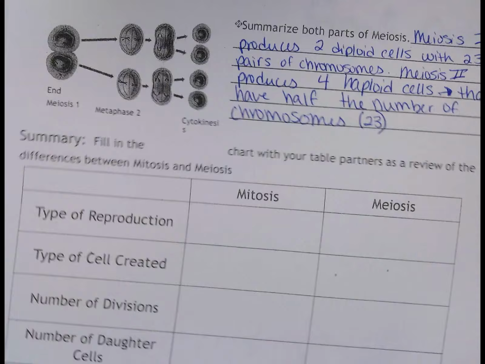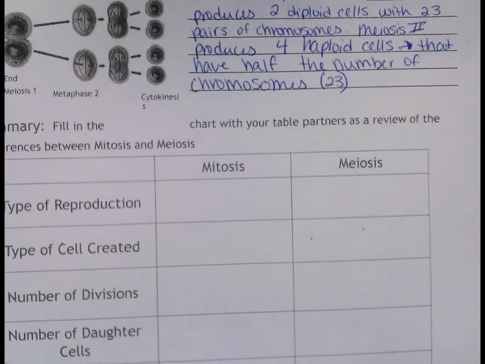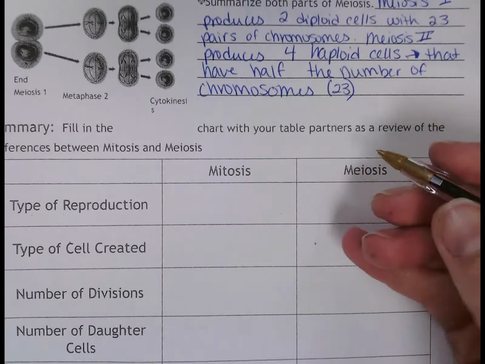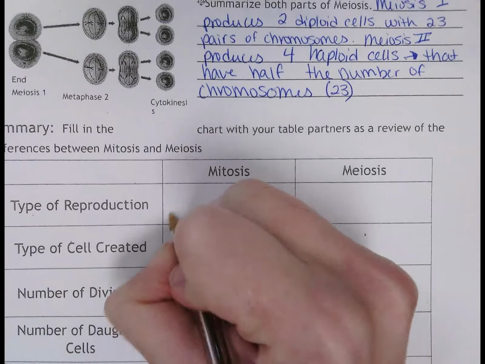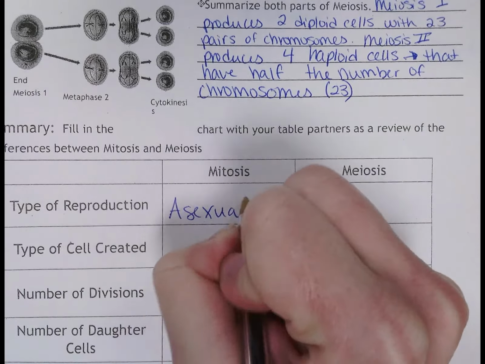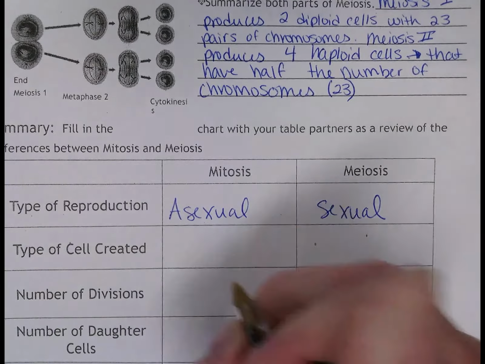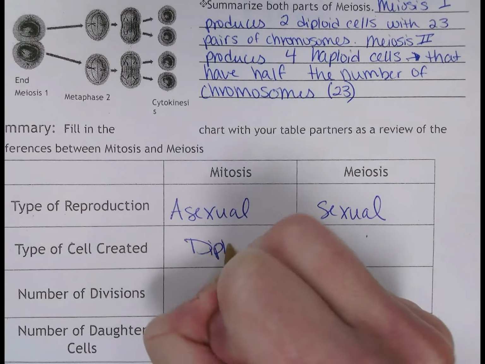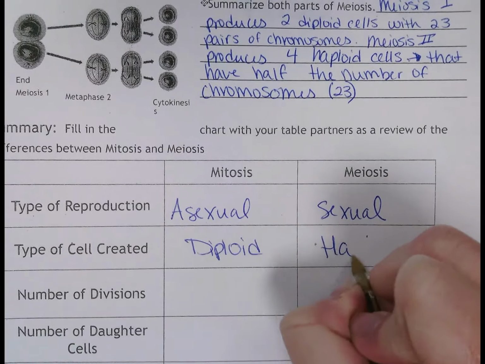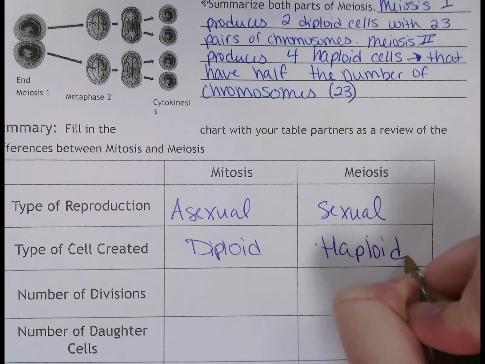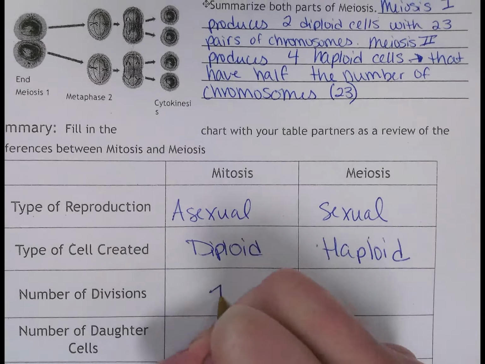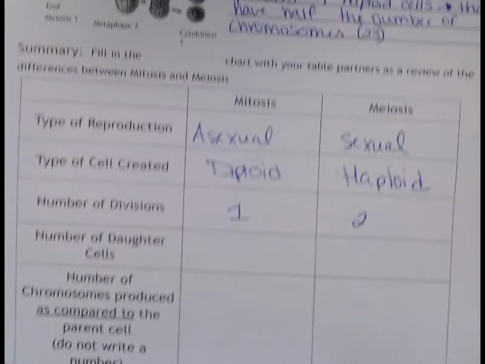Okay. And then real quick, fill in this little chart. So the type of reproduction, mitosis, I think is asexual. And this one is sexual reproduction. The type of cell created is diploid. This one is haploid. Number of divisions, this is 1, this is 2.